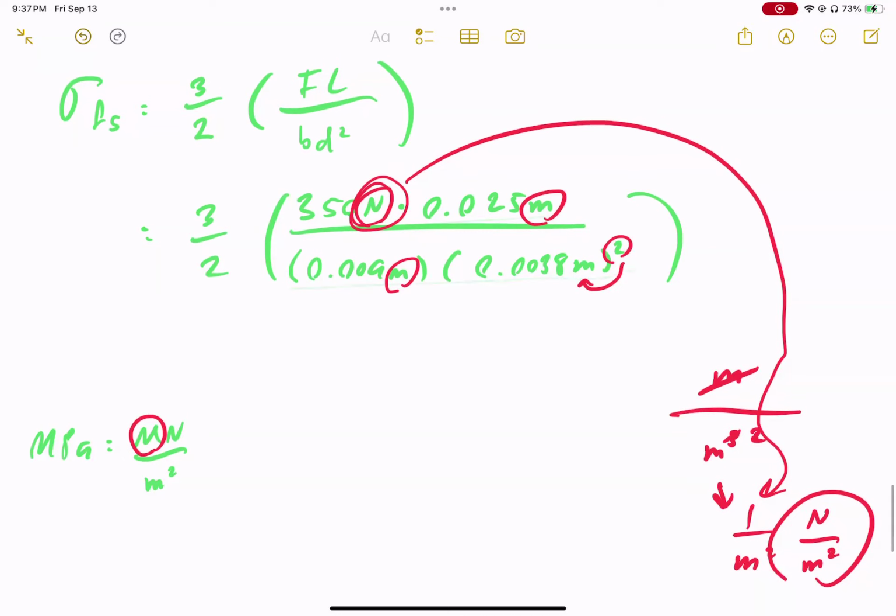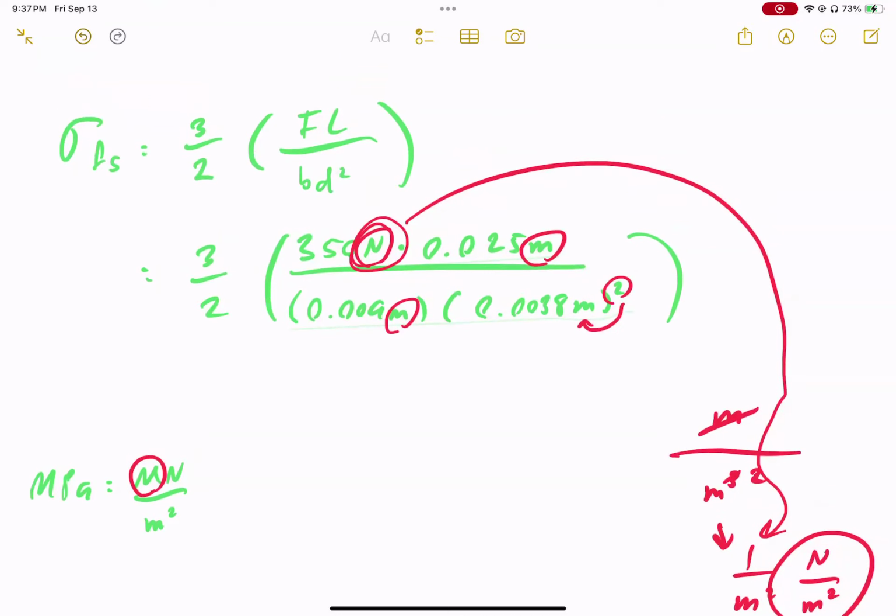Might have messed up a calculation because I'm not getting something correct here. So that's going to be 0.0038 raised to the second power, multiplied by 0.009.